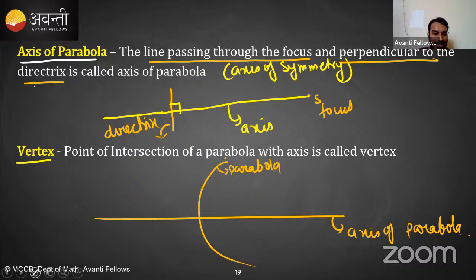So this parabola is intersecting our axis at this point A. So this will be known as the vertex of the parabola. Clear? So vertex क्या होता है? Point of intersection of the parabola with the axis of symmetry. Is this clear everyone? Quickly, axis of parabola, vertex of parabola में किसी को कोई डाउट है क्या? Okay, very good, Sivraj.